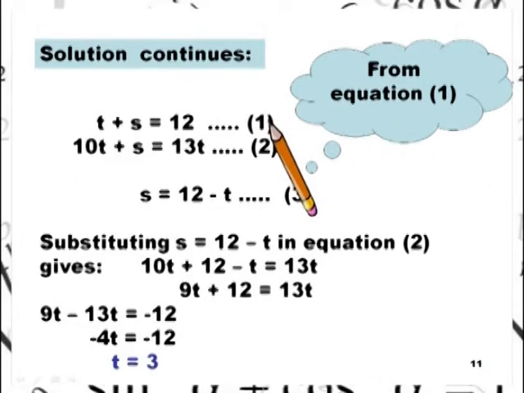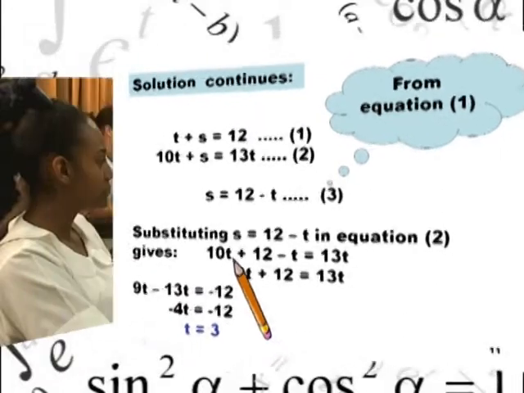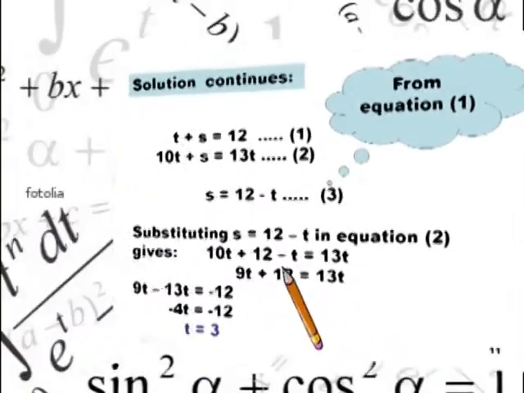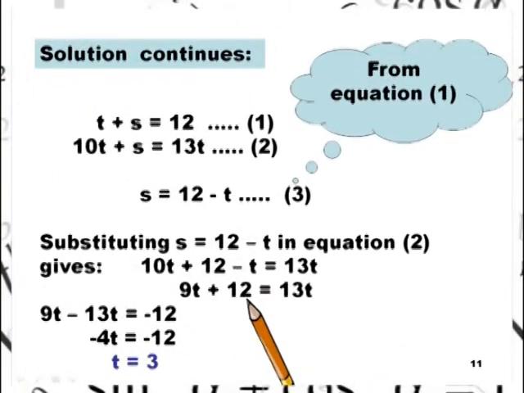Substituting s equals 12 take t in equation 2 gives 10t plus 12 take t equals 13t. 9t plus 12 equals 13t.